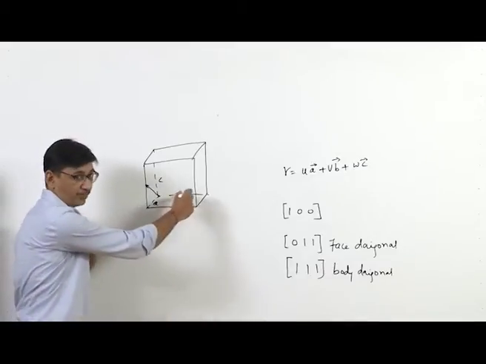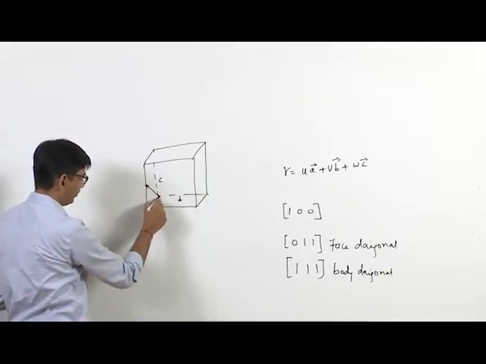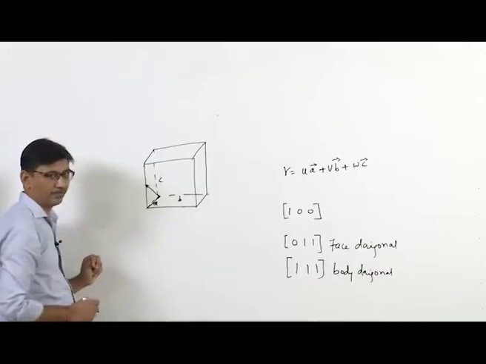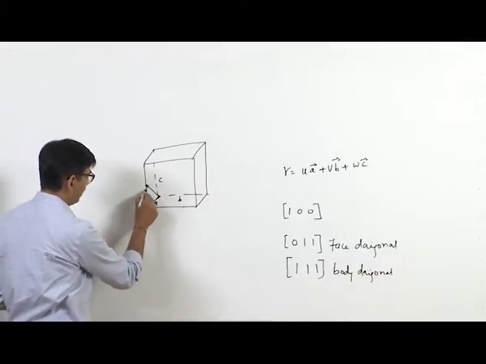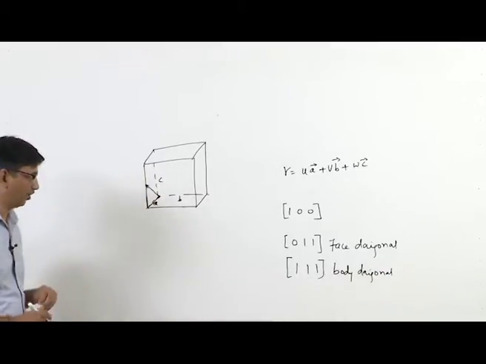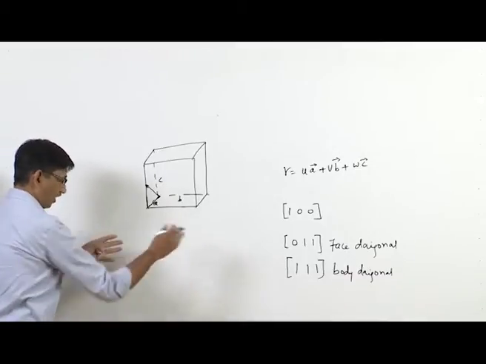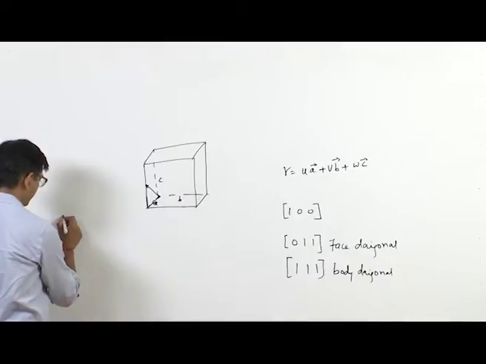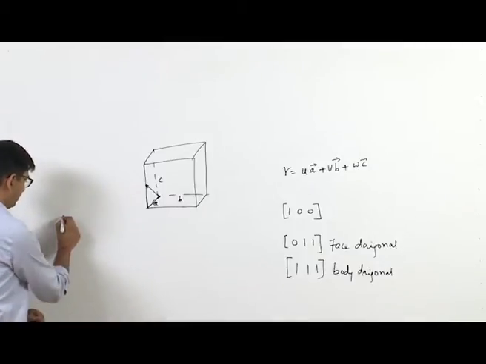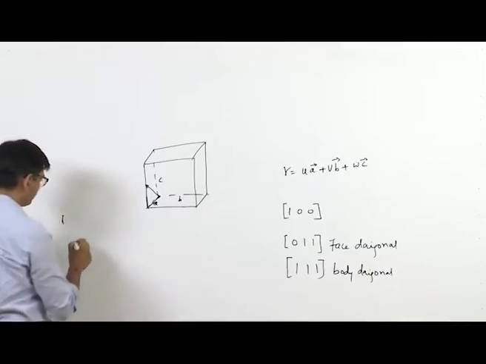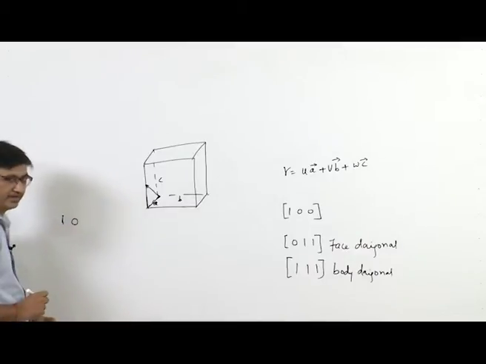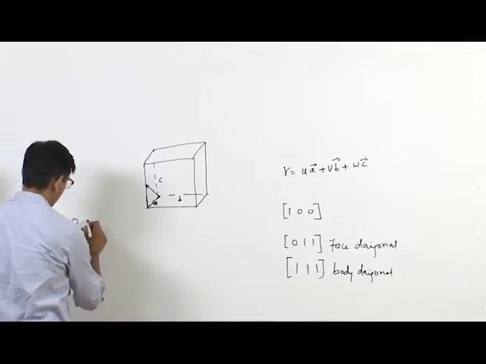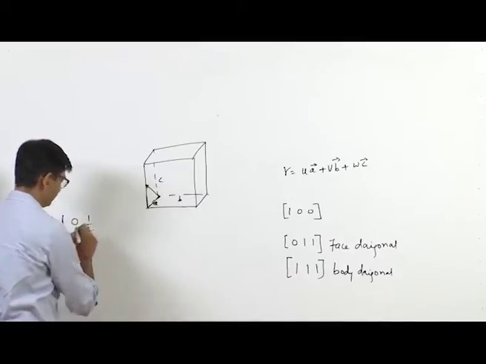I do not have to go in B direction here, I will be going in A, and then half in the C direction. So, I will write that I am going 1 in A direction, nothing in the B direction, and half in C.